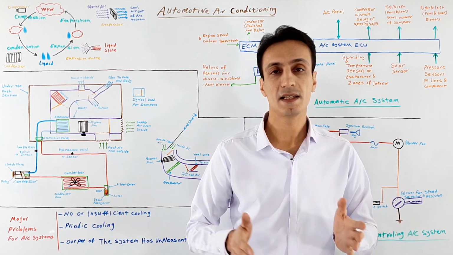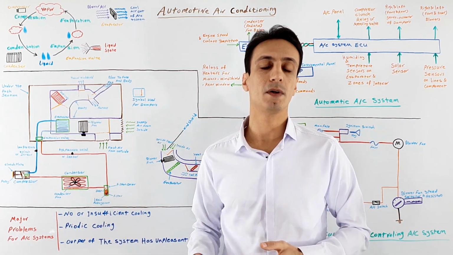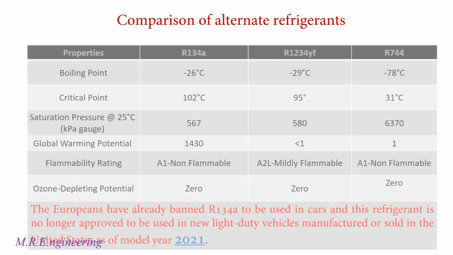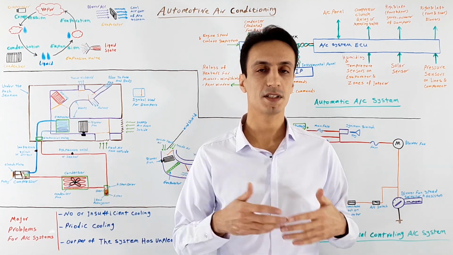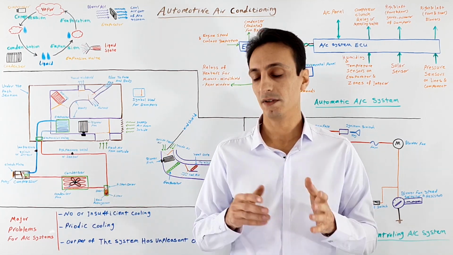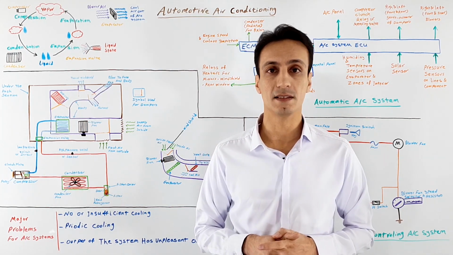But the United States and European governments are looking for refrigerant with less effect on global warming, and two candidates for this purpose are R744, that is pure carbon dioxide, and also R1234Y. I have plans to record a video about technical requirements and precautions for the systems that are using these refrigerants, and watching that video is highly recommended for those AC system technicians.